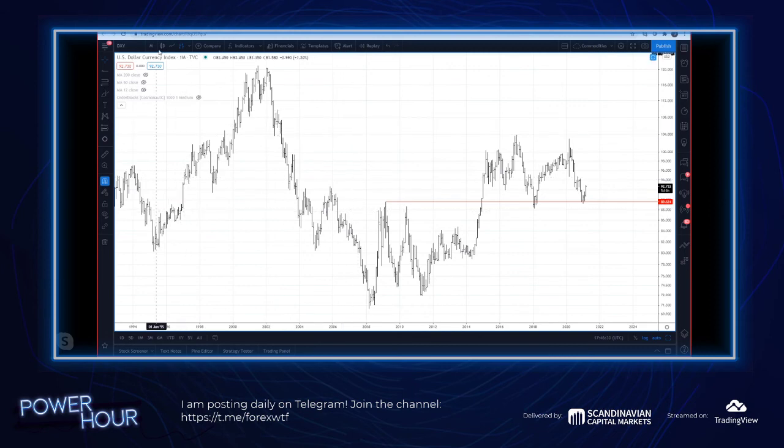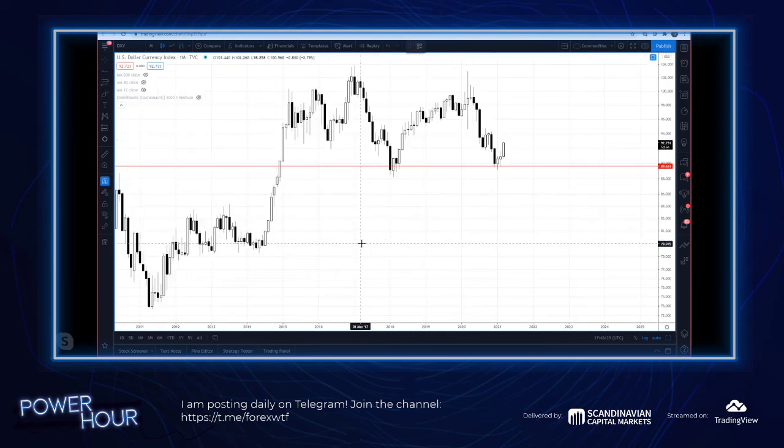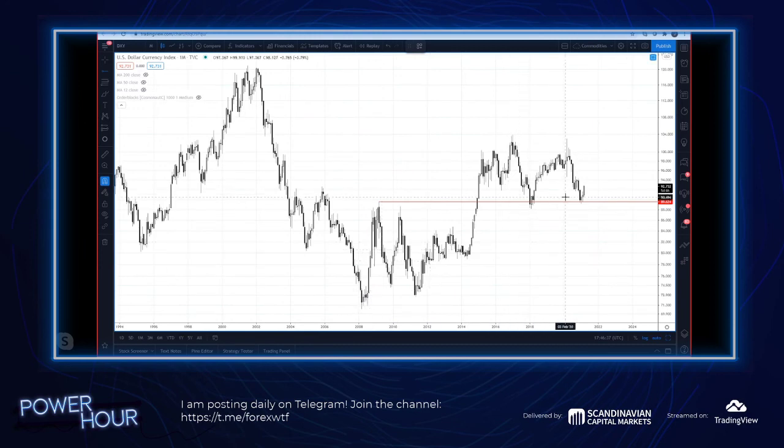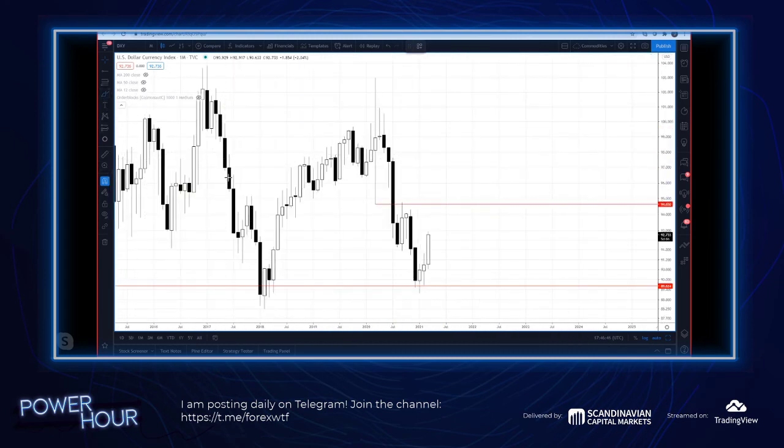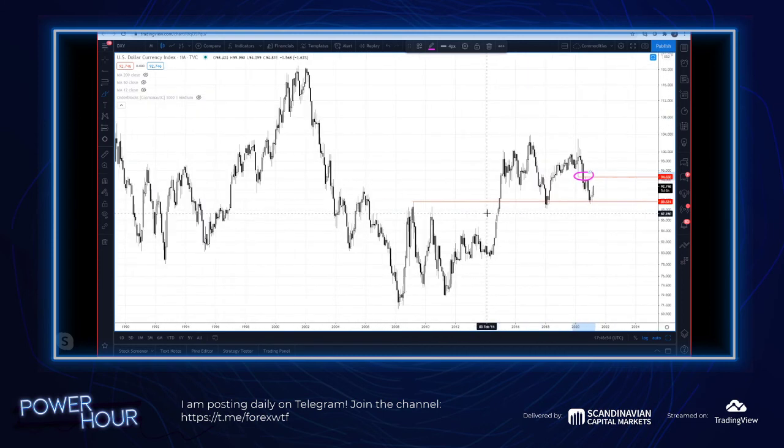As for resistance, if I'm looking across, just where does it stick out to me, so to speak, it's probably right there on a monthly chart. See that? 94.65-ish.